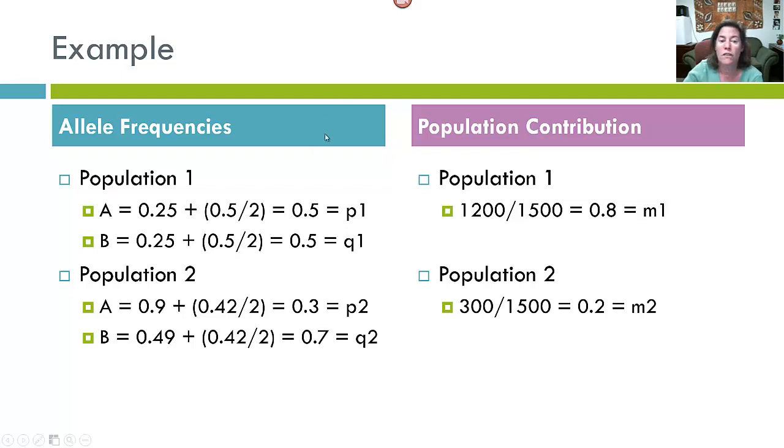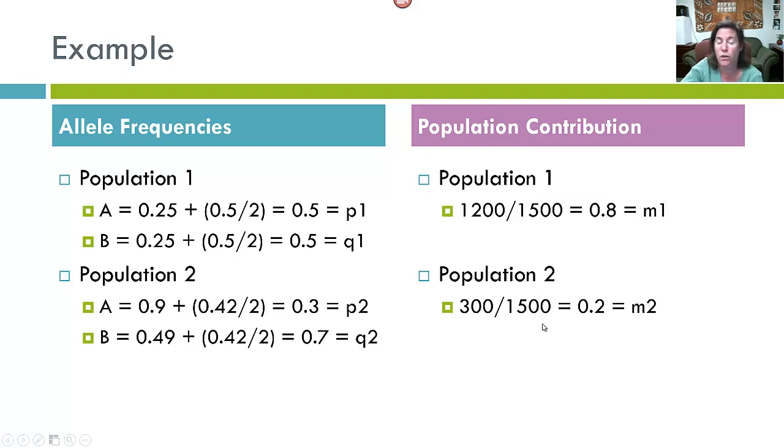So we have all of our allele frequencies. These are the allele frequencies for population 1. These are our allele frequencies for population 2. Now we have to calculate M, the relative contribution. Population 1 has a total of 1,200 individuals, and the hybrid population has 1,500. So 1,200 divided by 1,500 is 0.8, which equals M1. Population 2 has 300 individuals.